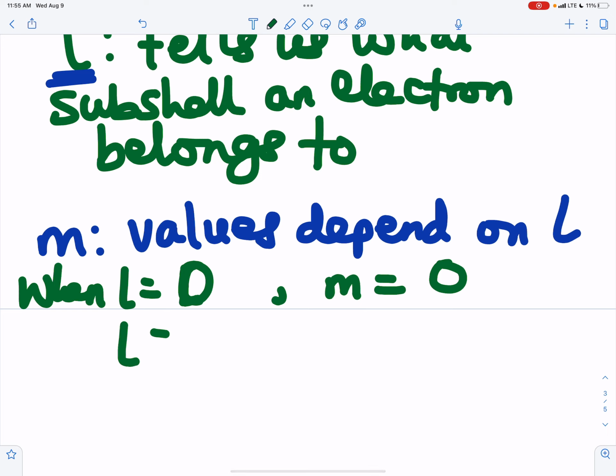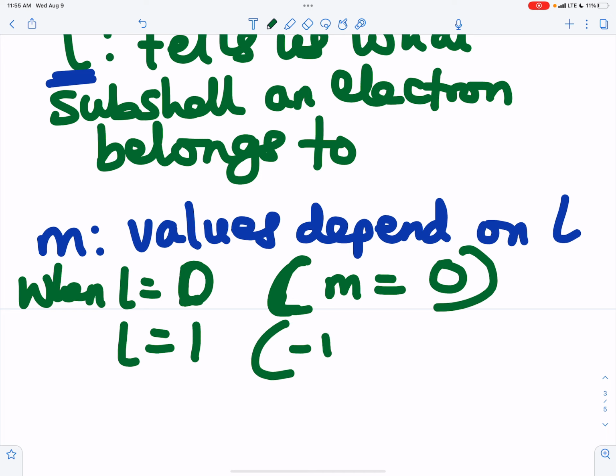But when L is equal to 1, the values of M will be, let me use brackets here, minus 1, 0, or 1.